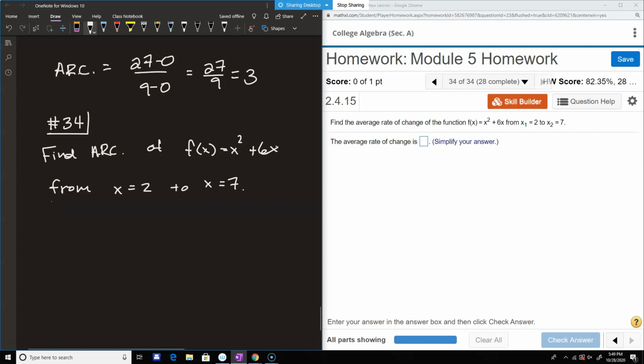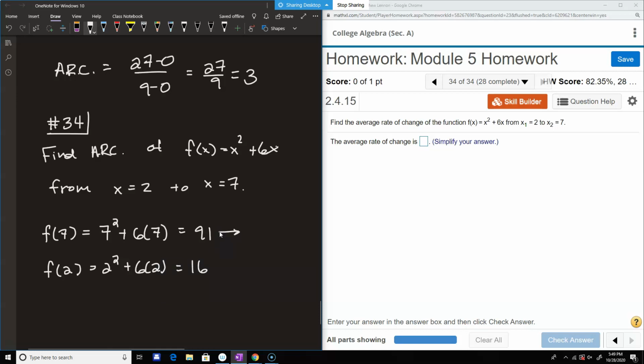Same steps as the last one. So we plug in 7 first. F of 7 would be 7 squared plus 6 times 7. So that should be 91. And then f of 2 would be 2 squared plus 6 times 2, which should be 16.